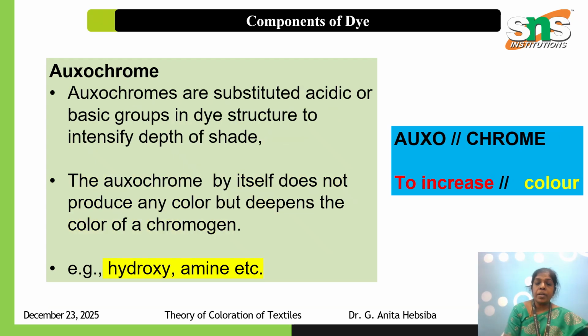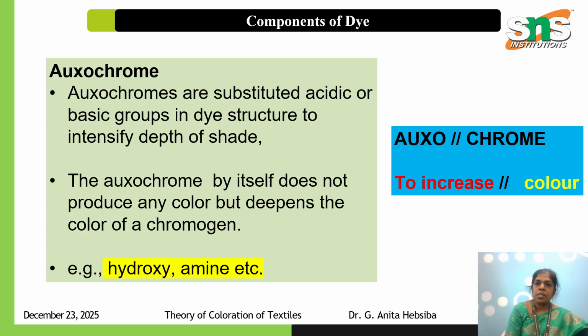The next component of the dye is oxochrome. Here, oxo means to increase, to intensify. Chrome means, as usual, color. So oxochromes intensify the color of the particular dye. For example, chromophore will give color to the respective dye, and oxochrome will improve the shade of the color.